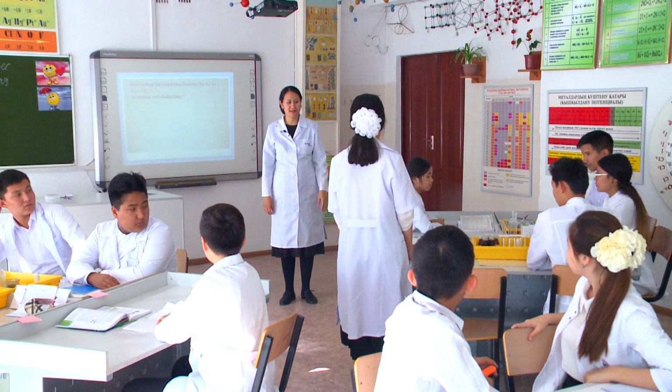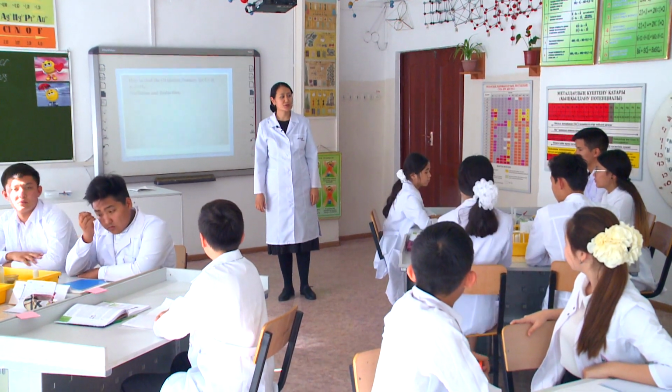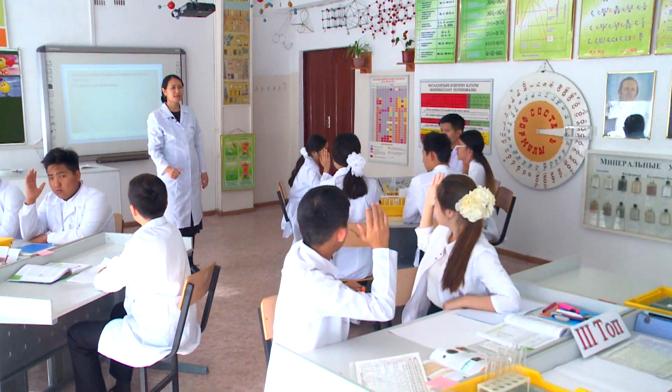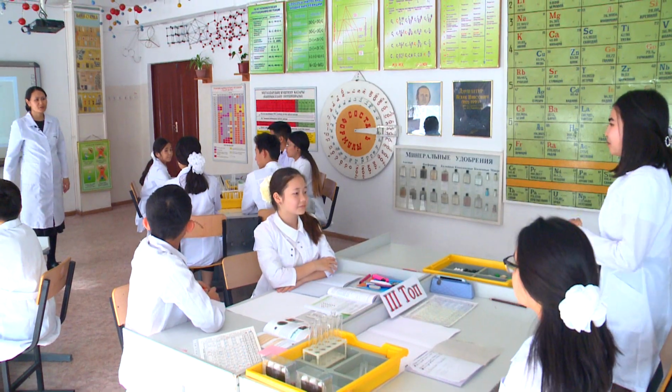Tamilana, please. Oxidation involves the loss of electrons or hydrogen, the gain of oxygen, and an increase in oxidation state. Reduction involves the gain of electrons or hydrogen, the loss of oxygen, and a decrease in oxidation state.